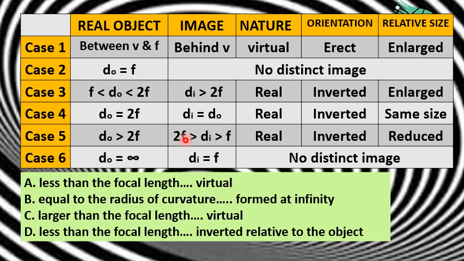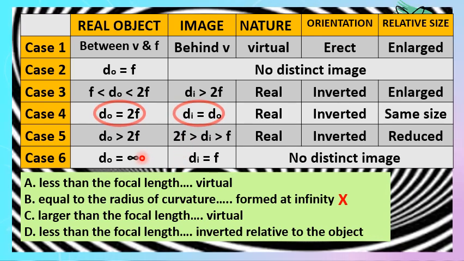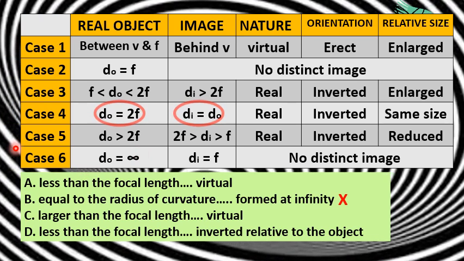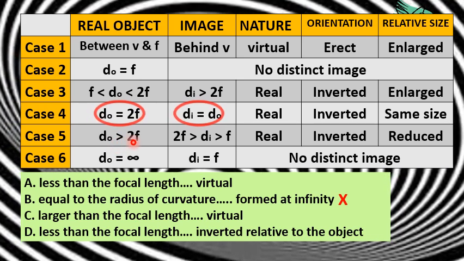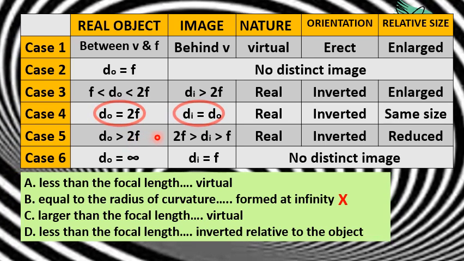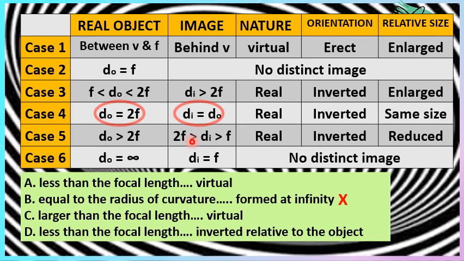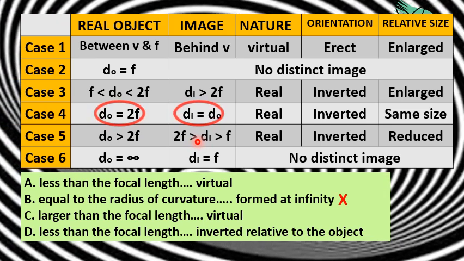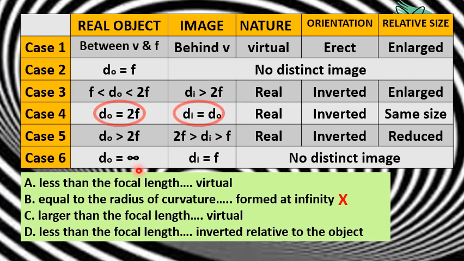So, we say that option B is incorrect because when the object distance is equal to the radius of curvature, right, or DO is equal to twice the focal length, the image is formed not at infinity, but rather at the center of curvature of the mirror. That means the image distance DI is just equal to the object distance DO, right?